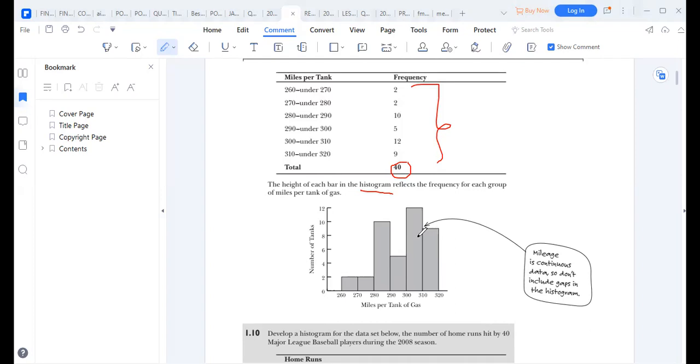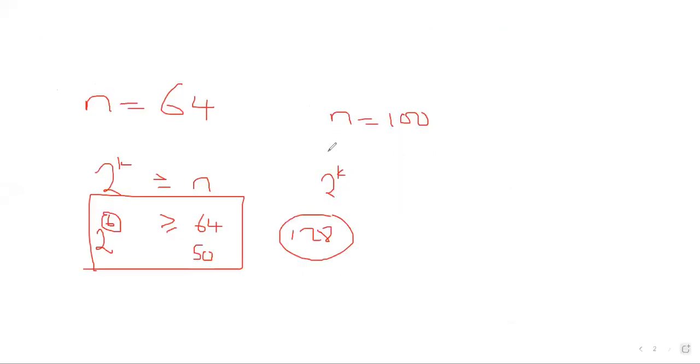Okay, so now we proceed to our lesson for this evening, where we're going to learn the measures of central tendency. We have what we call ungrouped data. What is ungrouped data?